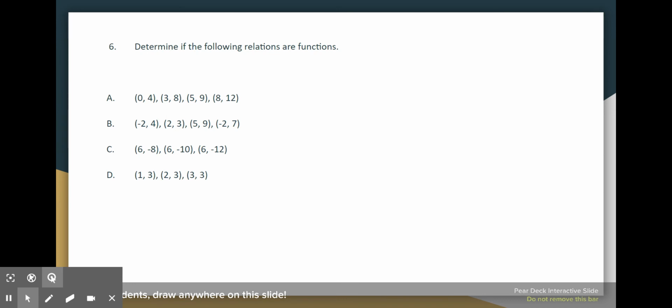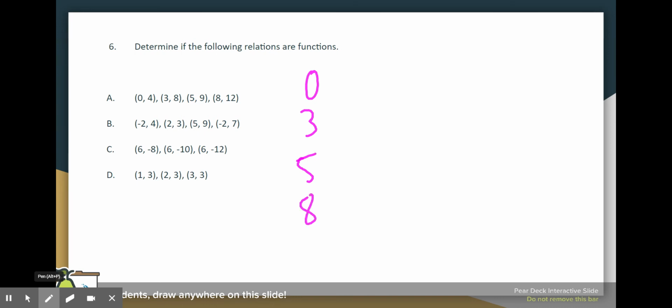All right, these problems are ones that we actually just did last week. To determine if the relations are functions, each x can only go to one y. So that was just writing each as a column. Our x's are 0, 3, 5, and 8 for the first one.